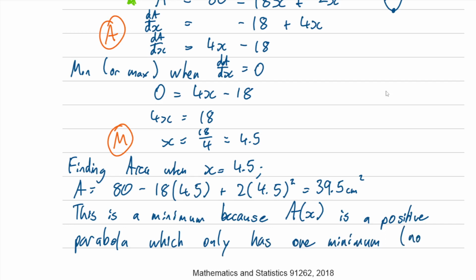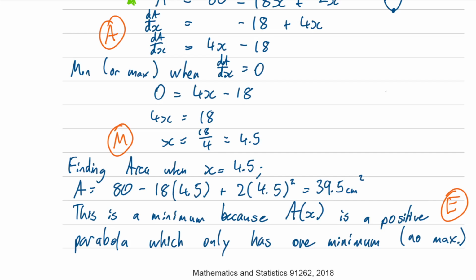Or in other words, no maximum. Yeah. And that is sufficient justification for excellence, in combination with finding that area of 39.5.